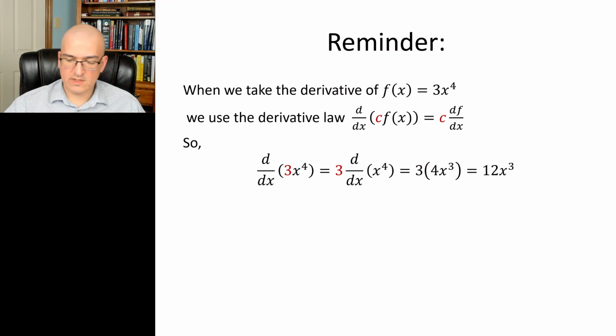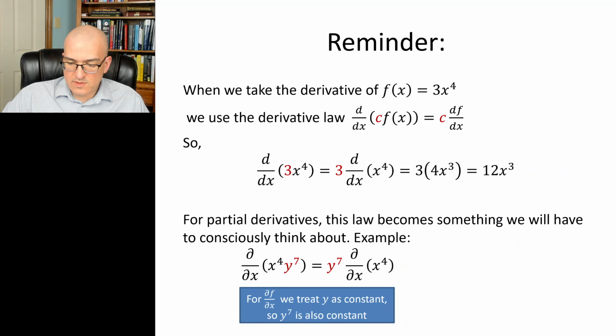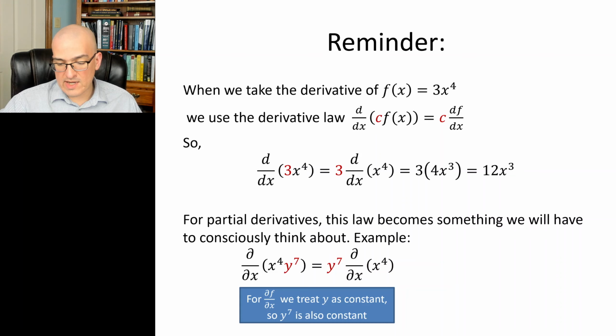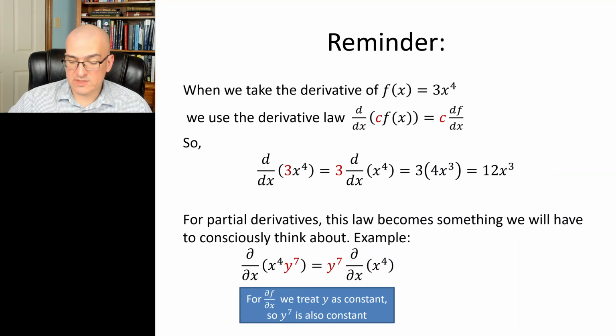So just to highlight a very important step: when we take the partial derivative with respect to x, any other variable is considered a constant. If you look at that bottom calculation, the partial derivative with respect to x of x to the power 4 times y to the power 7, we treat y as a constant, so the constant term, y to the power 7, can go in front, and then that's multiplied by the derivative of x to the power 4, 4x to the power 3.